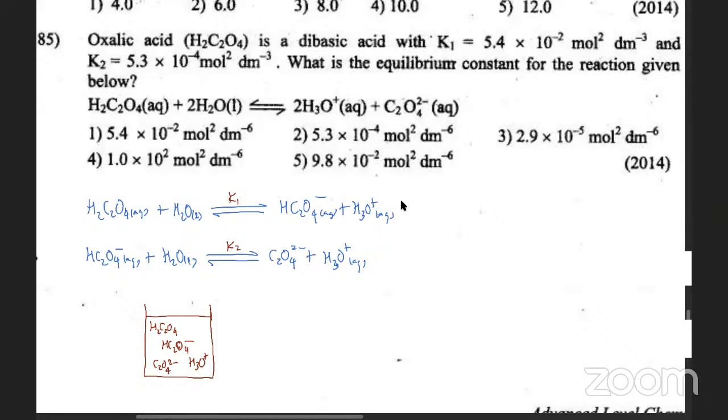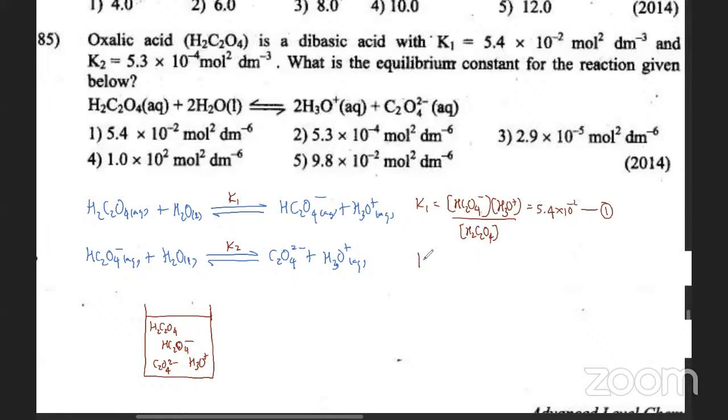Therefore, as usual, we know if we write K1 is equal to concentration of HC2O4 minus into concentration of H3O plus over concentration of H2C2O4, and that is equal to 5.4 into 10 to the power minus 2. That's the first equation.